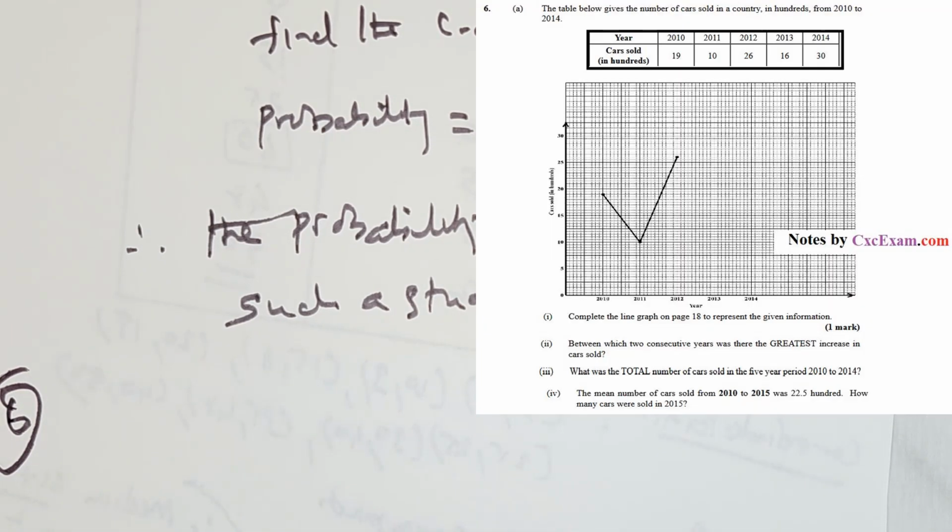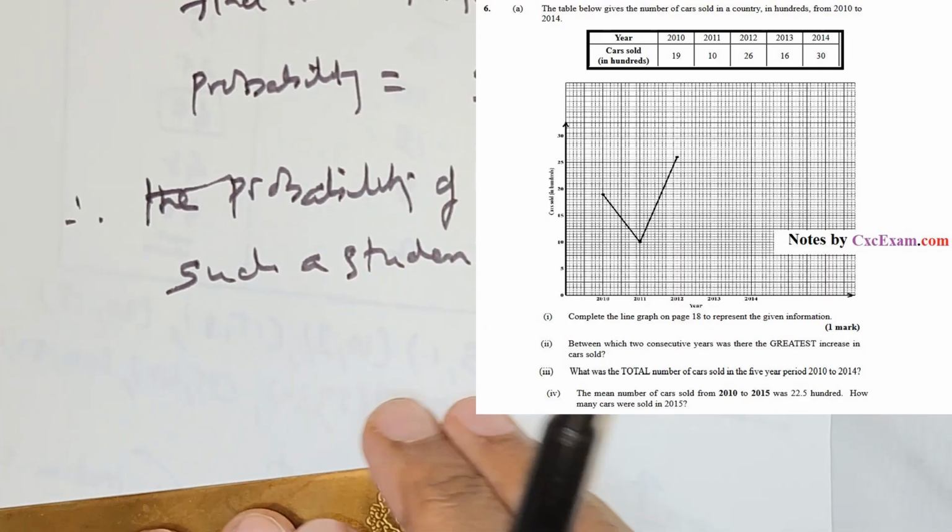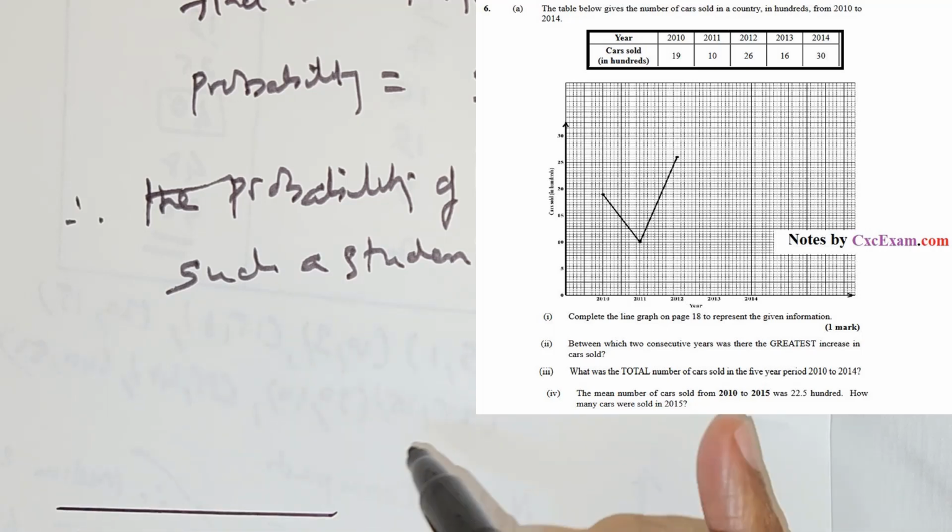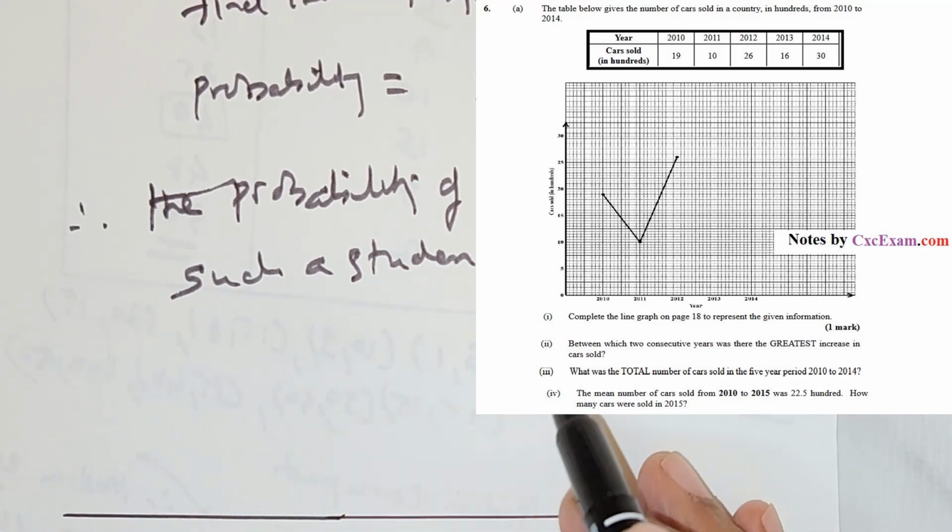Number 6, they are given a table. So let me show you the data.